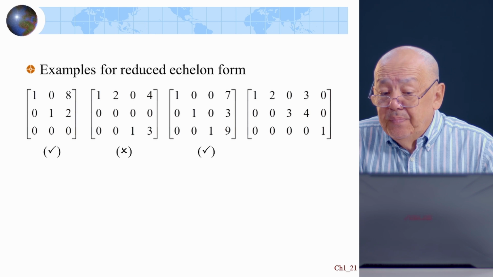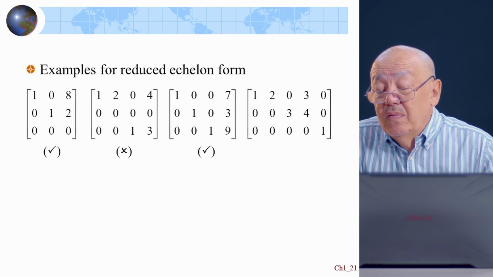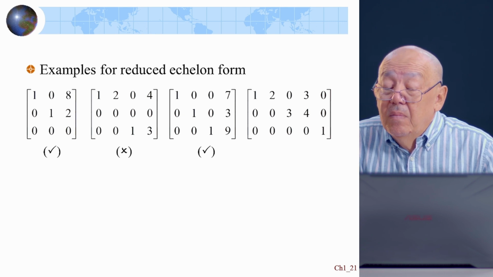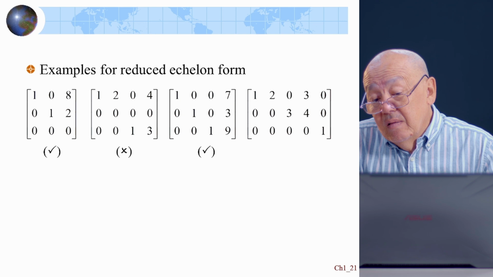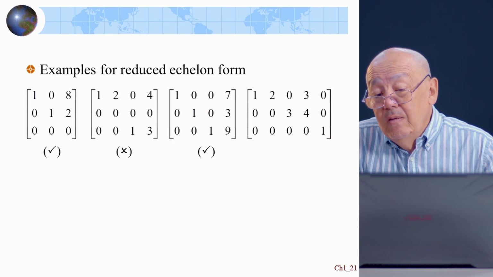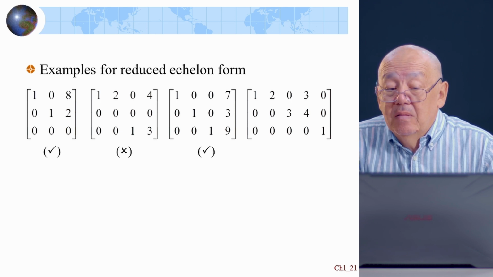It is not in reduced echelon form. Why? Because of the first non-zero element of the second row. It is 3. The first non-zero element of each non-zero row should be 1. So if you divide the second row by 3, you get a real reduced echelon form of this matrix.